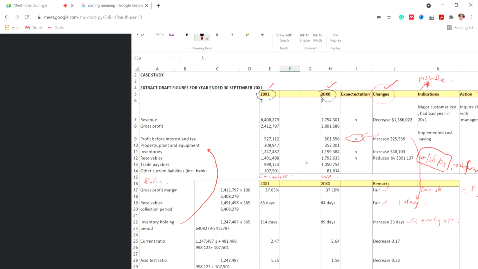That is the only relationship. And also look at the notes to the accounts, on the disclosure.